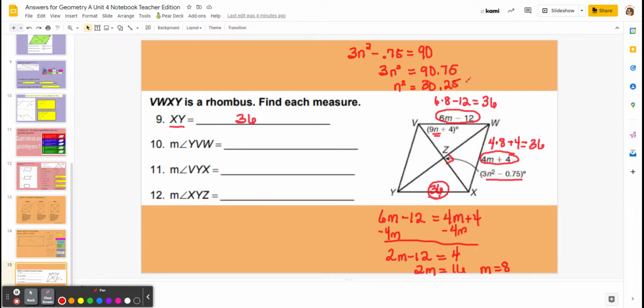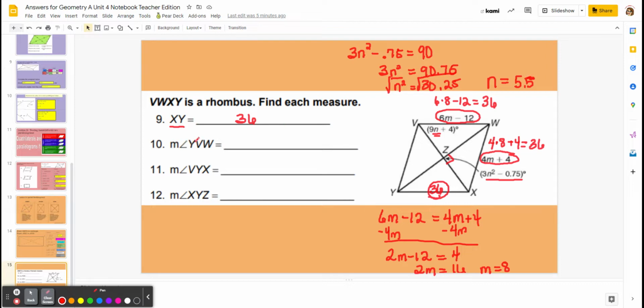And remember, to finish solving this, I need to take the square root of both sides. I end up with n equaling 5.5. So keep in mind that n does equal 5.5.